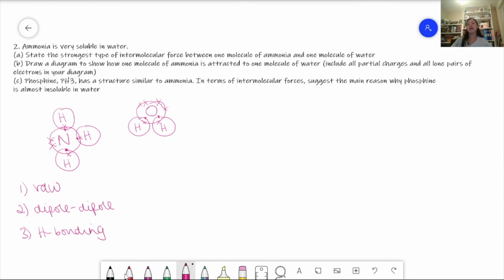And so, do we have van der Waals forces? Yes, we do, because they are present between all molecules. So we have van der Waals. Do we have permanent dipole-dipole?